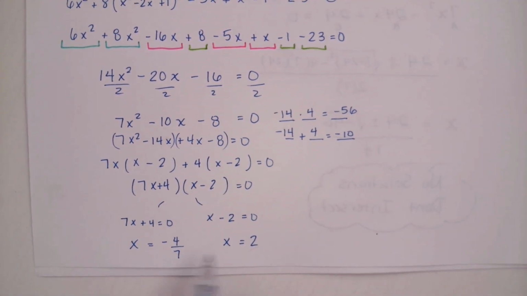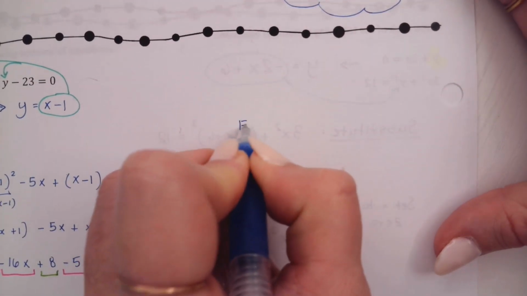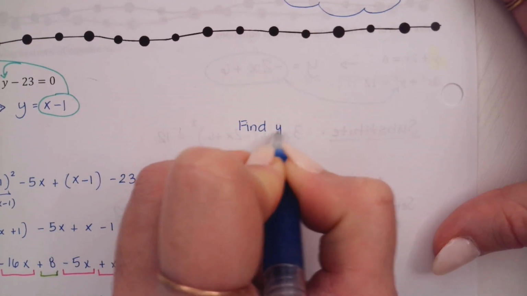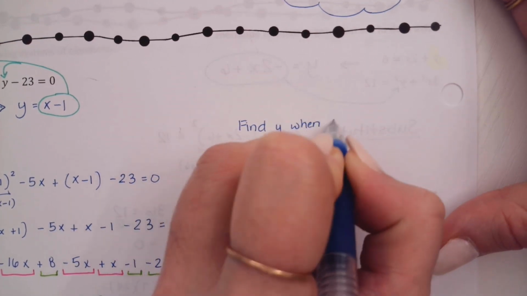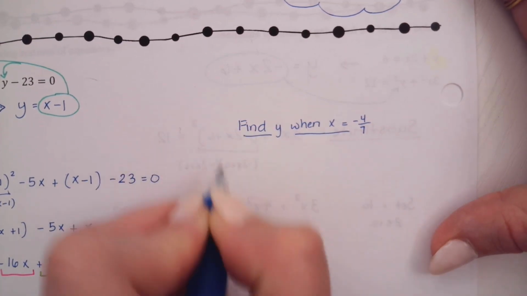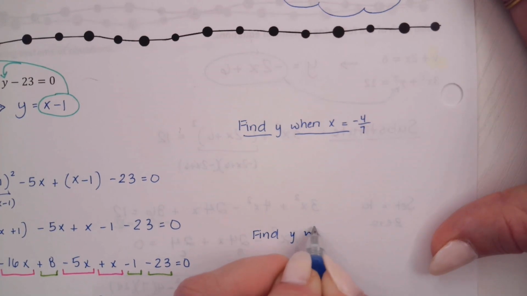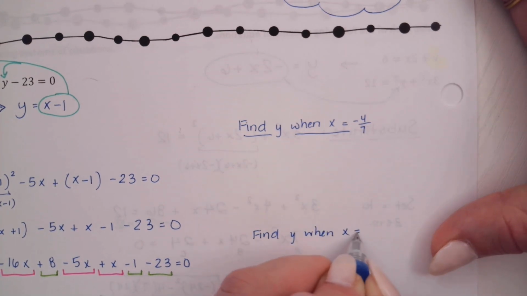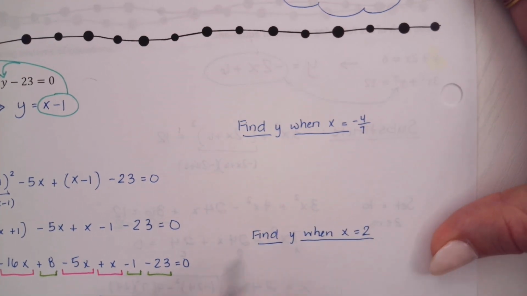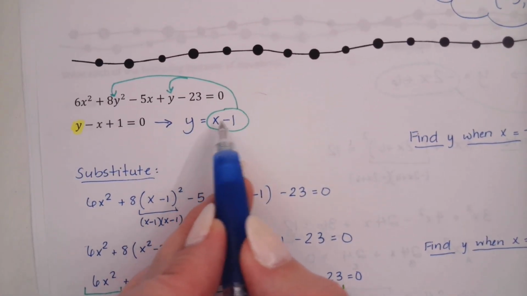Okay, once we found the x values, we still need to find the y values of the solution. So we need to find the y when x is -4/7, and we'll need to find the y when x is 2. And we have a great place to find y. It's right here. Y is just the x value -1.